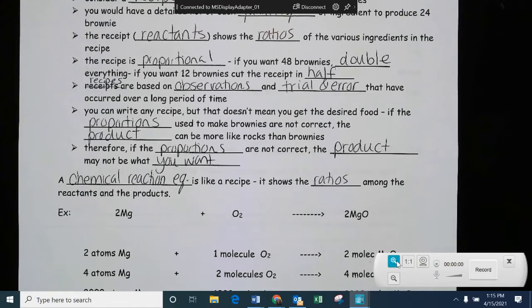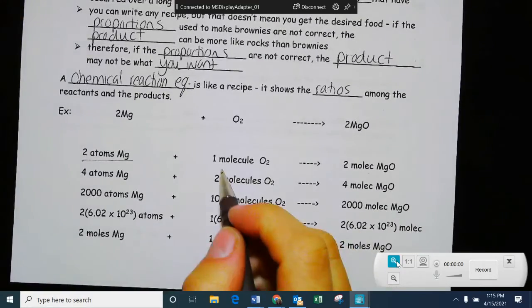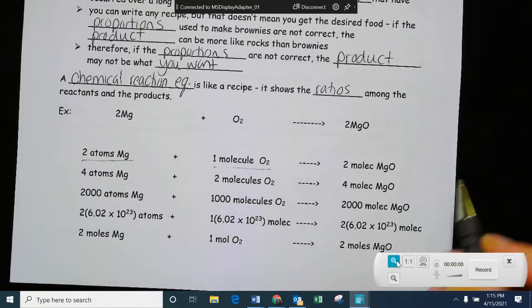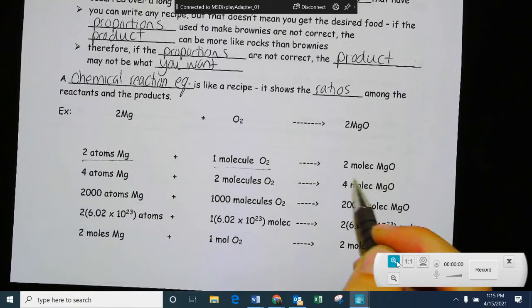And what we're actually seeing in these coefficients is molar ratios. So this formula is 2 atoms of magnesium plus 1 molecule of oxygen gas make 2 molecules of magnesium oxide.